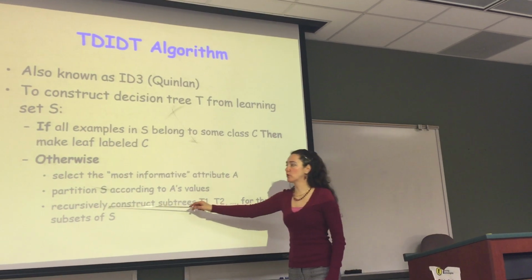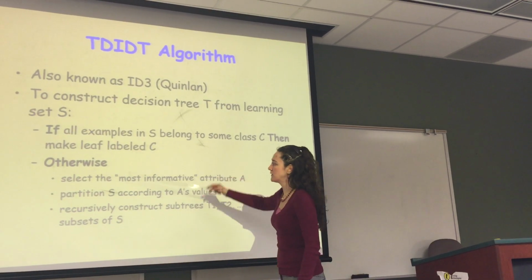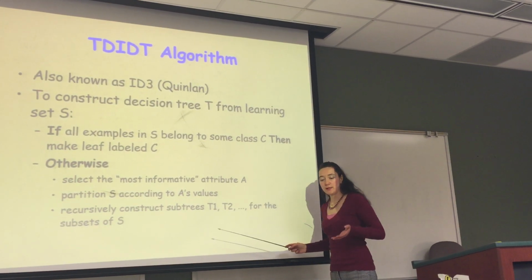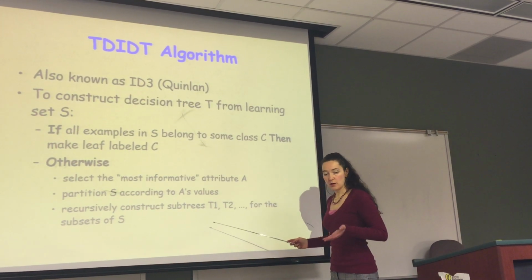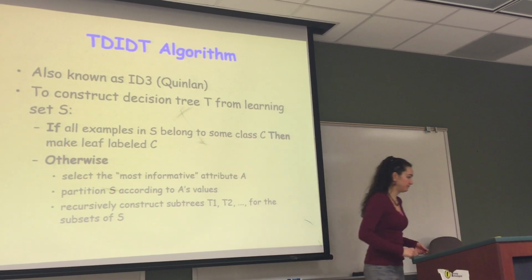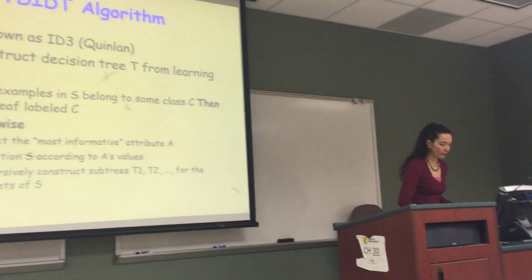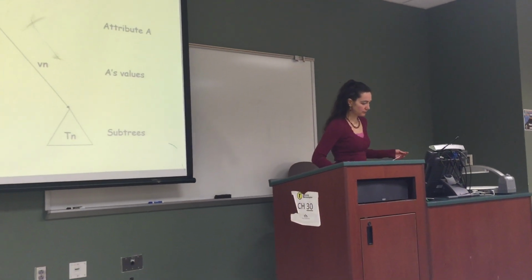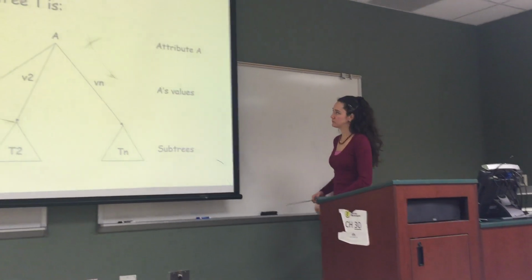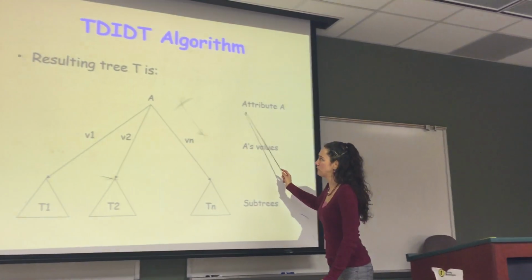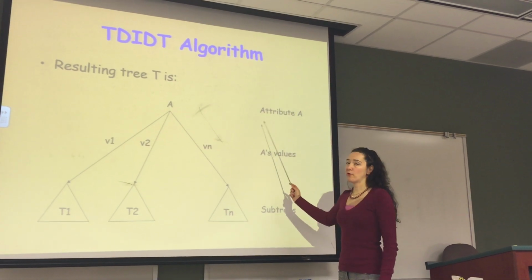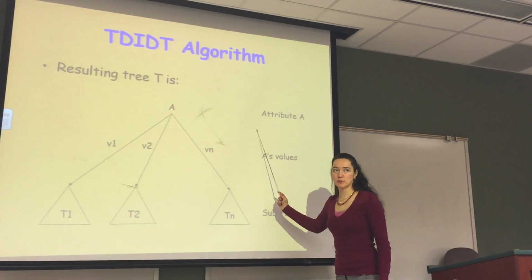So we're going to recursively follow this procedure until all of the ends of our tree are made up of leaves. So again, we will pick the most informative attribute. And what do we mean by the most informative attribute? We will see in a second.